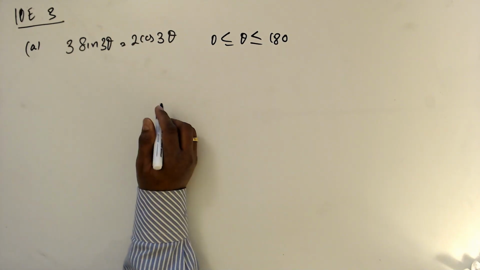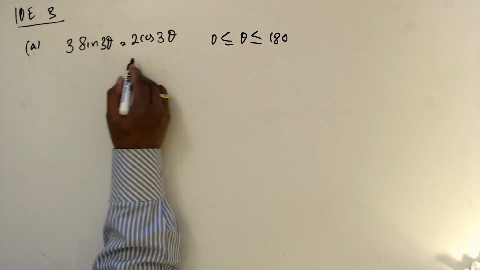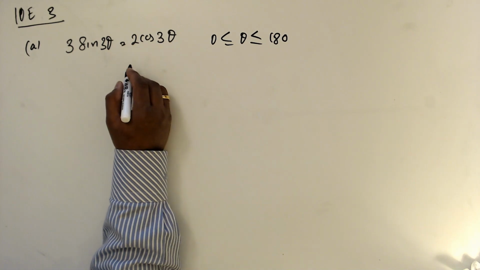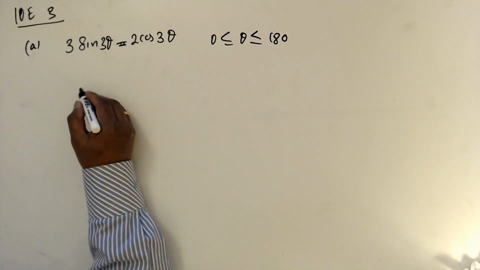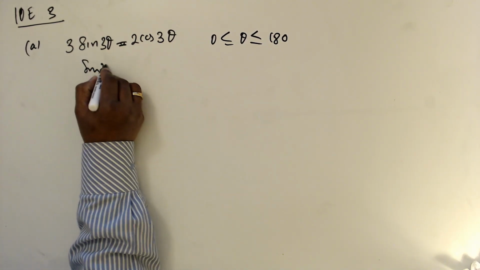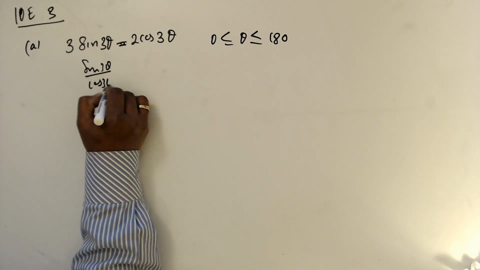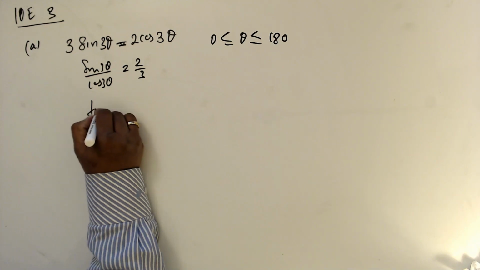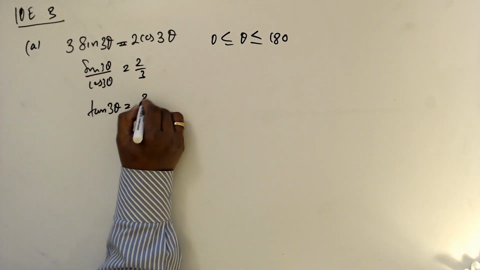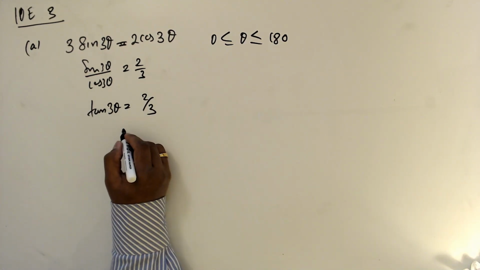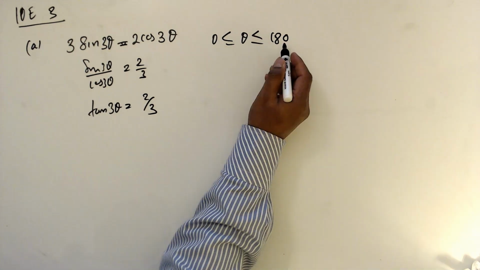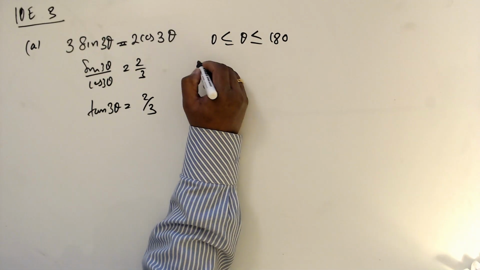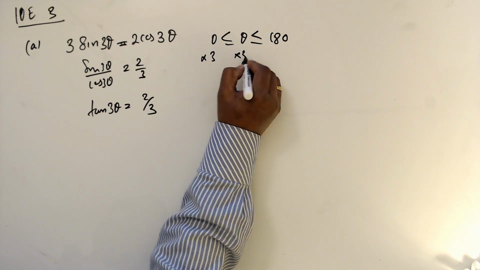Question number 3a. 3 sin 3θ is 2 cos 3θ. Then sin 3θ over cos 3θ, multiplied by 2 over 3, which is tan 3θ is 2 over 3. To match with the inequality, I multiply everything by 3.